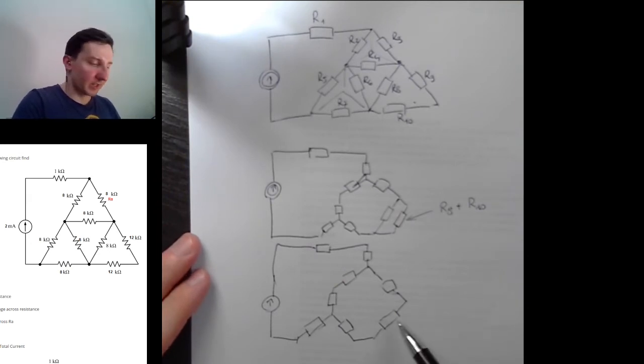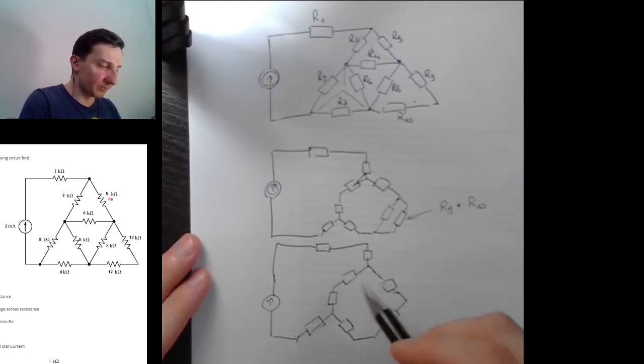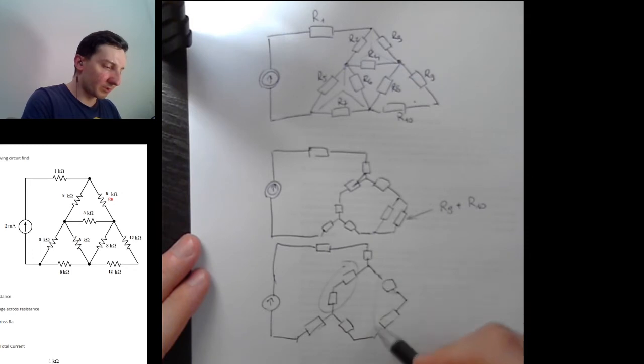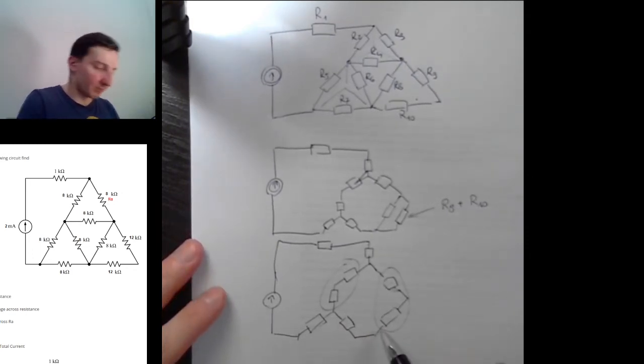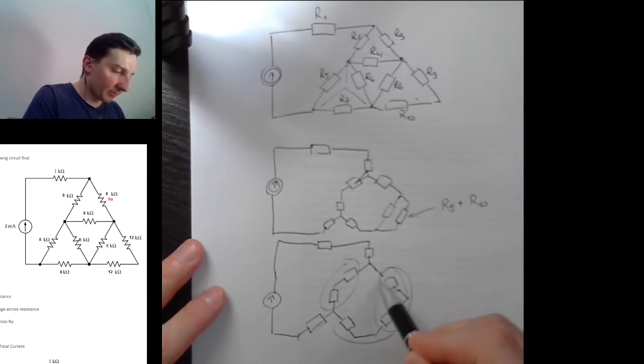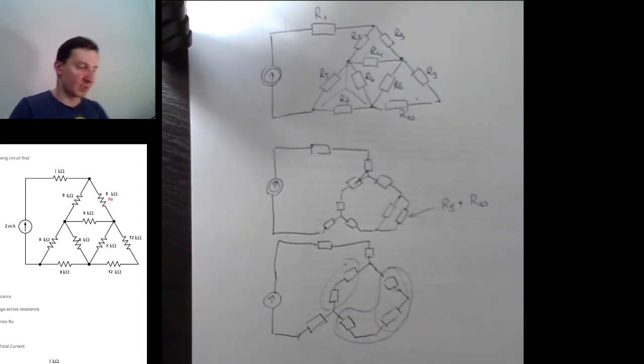And then again, we have 2 resistors in series. We can simplify them, as well as these 2. So we have 2 resistors in series and 2 resistors in series. Oh, maybe actually even 3 right here. Okay, so we can easily simplify this.